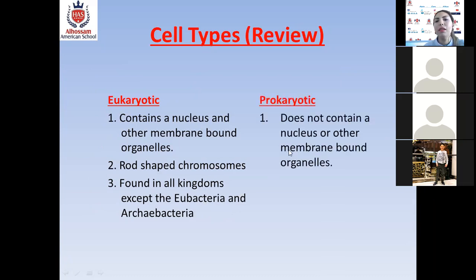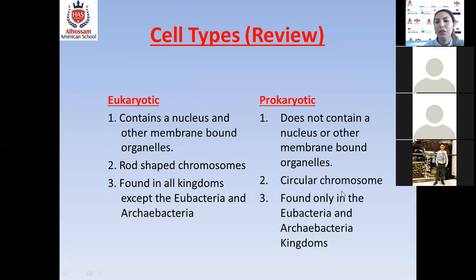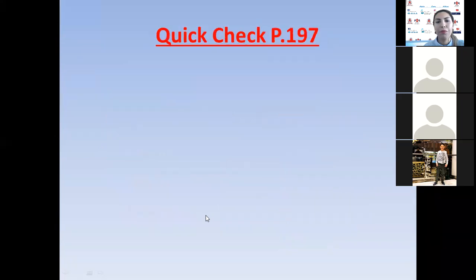Prokaryotic cells do not contain a nucleus or other membrane-bound organelles. Number two, they have circular chromosomes or circular DNA. Number three, found only in the eubacteria and archaebacteria kingdoms.